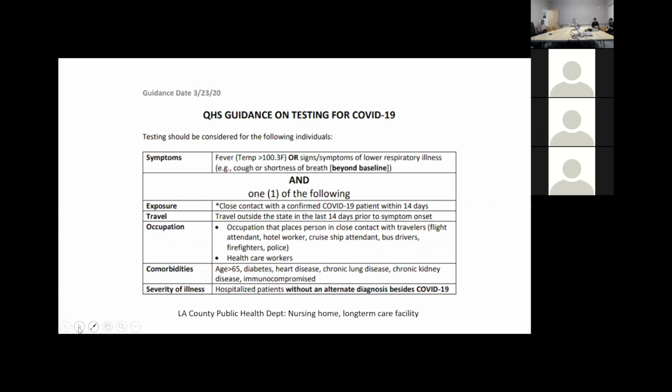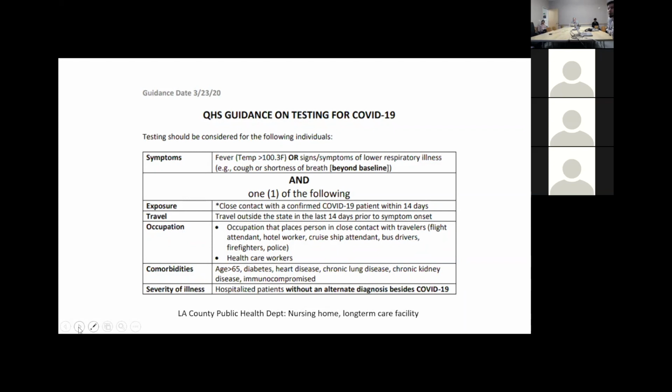And then those with comorbidities who have a poorer prognosis and higher case fatality rate, who have more severe disease, are also candidates for testing. And then anybody in the hospital, even if they don't have other specific risk factors, if they have fever, shortness of breath, or cough which cannot be otherwise explained, are candidates for testing.